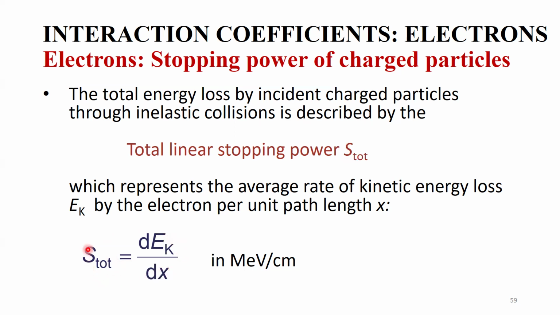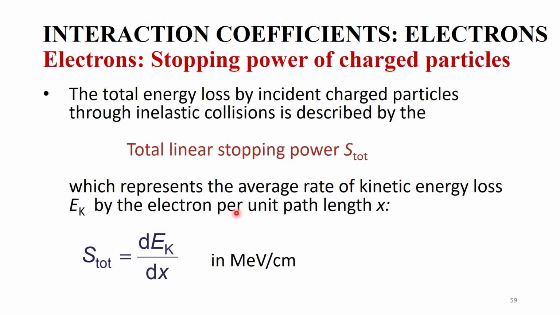And as an equation, it's given by S total, or total linear stopping power, equal dEk over dx. So Ek here is the kinetic energy of the incident electron. x is the path length in the absorbing medium.